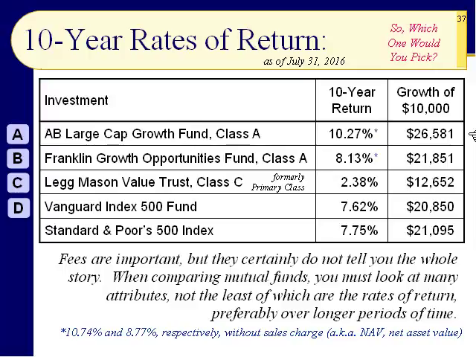The Franklin Growth Opportunities Fund was no slouch at 8.13%, returning $21,851. But the Legg Mason Value Trust just stunk up the joint, folks. 2.38%, returning $12,652. You would have done a whole lot better just investing in the Index 500 and getting 7.62%.